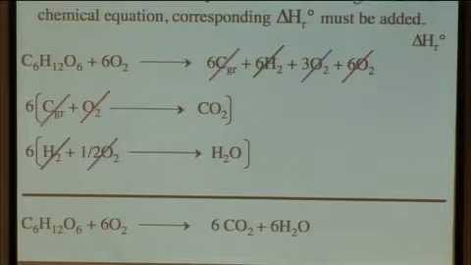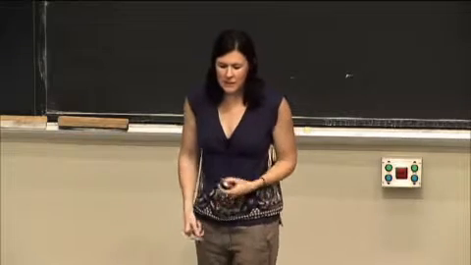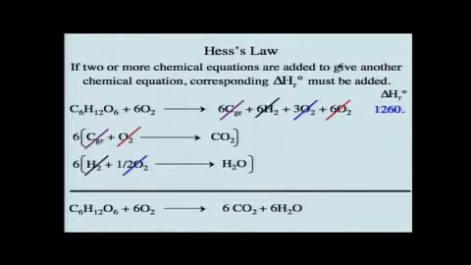So we can go ahead and just add up all of these different reaction enthalpies. In the first case, what we're going to have is an enthalpy of 1260, and that's in kilojoules per mole of glucose. And the reason that this is positive is because it's essentially the reverse reaction of the change in enthalpy of formation.